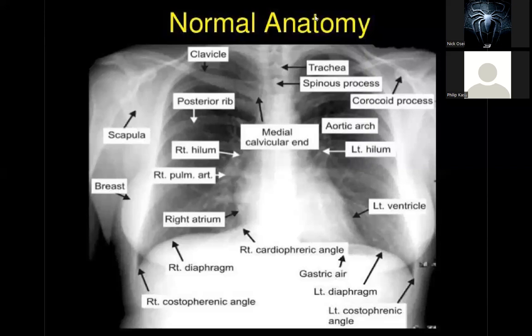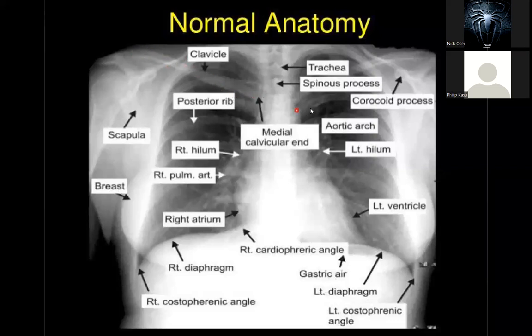Let me do my highlighter. Okay. So we see over here the spinous processes. I said the dark thing running through all of these is the trachea. The clavicle is the one here.